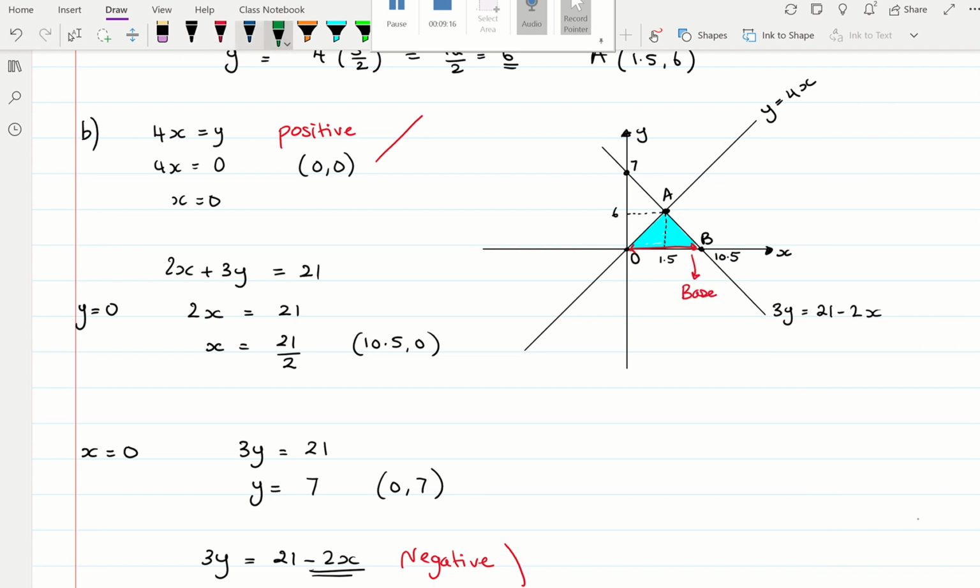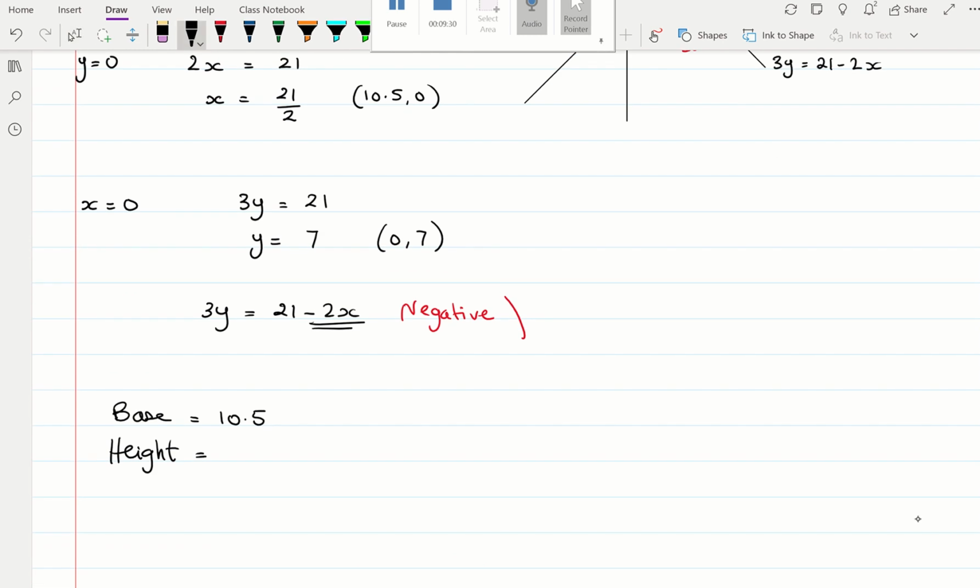And then that is the height of the triangle. And the height is 6. So the area is half times base times height.